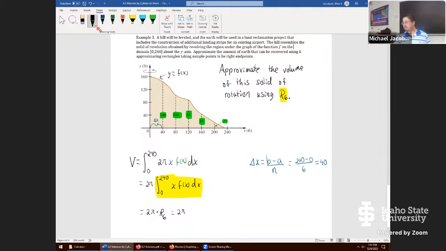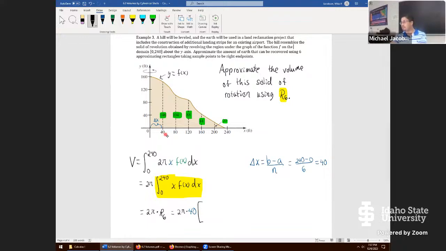It's going to be 2 pi times our delta x, so 40 goes in. And then next, we have to pay special attention to our integrand. The first value, x1, is going to be 40.